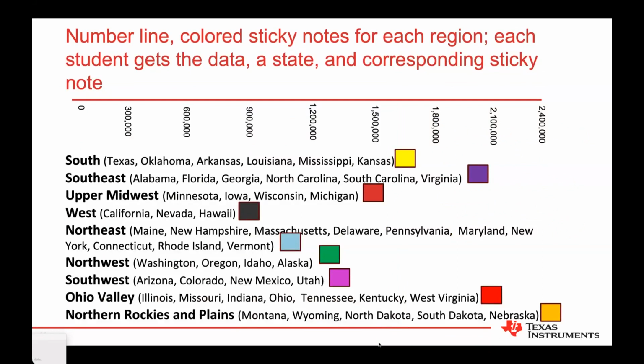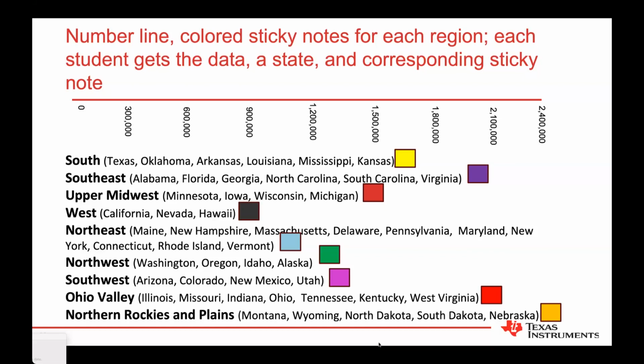When the kids come into the room, there's a number line that's either drawn on the board, or if I have to, I do it on the floor. I can even do it in the hallway outside. The number line is marked off in some scale to go from 0 to 2,400,000. Every kid is given the data that you just were looking at. They're assigned a state, and they get a sticky note that corresponds to their state.